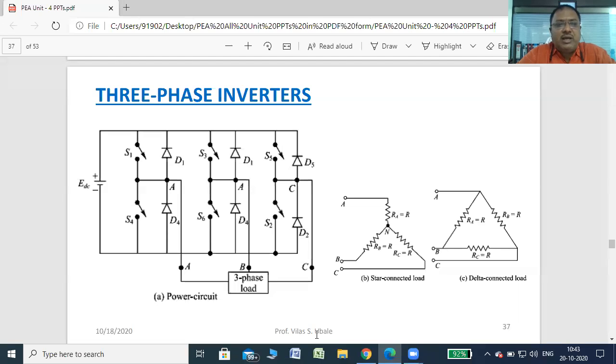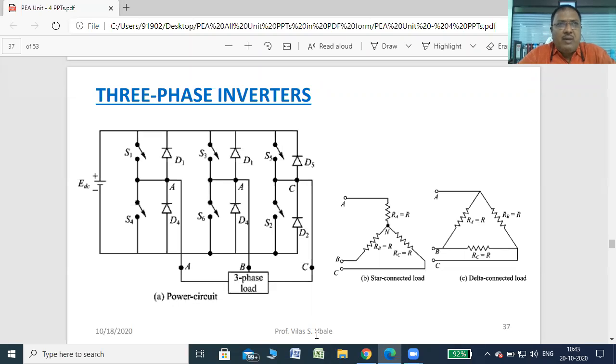So this is a circuit for a three-phase inverter. In this circuit, we are using six switches: S1, S2, S3, S4, S5, and S6. Dear students, again remember that these switches are nothing but power devices. For simplicity, the symbol of a switch is shown here, but these are power devices, which may be a power BJT, power MOSFET, IGBT, GTO, or SCR.